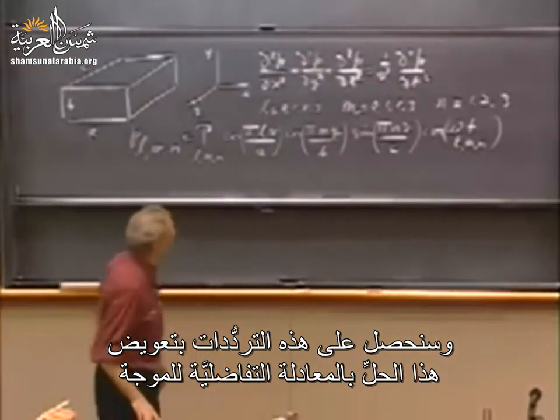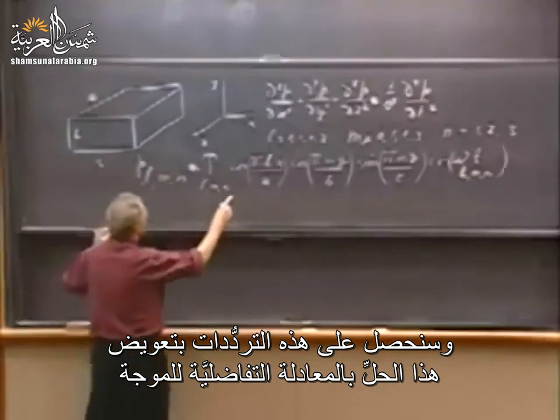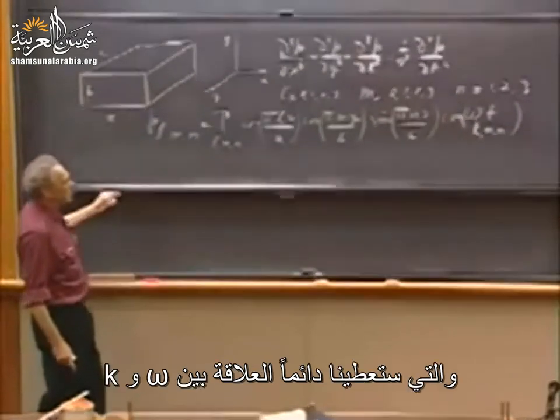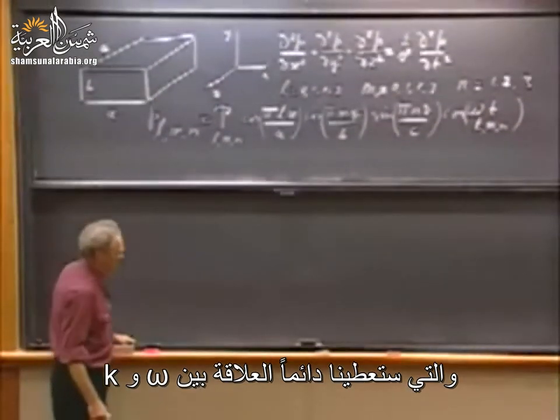And the frequencies that you will get, you will find by substituting this solution back into the differential equation, into the wave equation, which gives you then always the connection between omega and k.